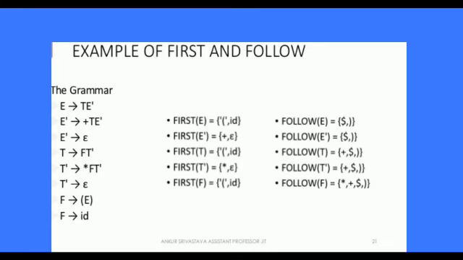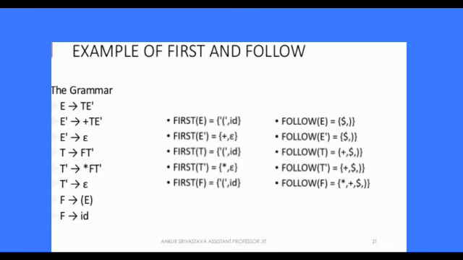So first of T dash has the strings star and epsilon, and the next is first of capital F. F has two strings here in the problem, that is F tends to capital E in parenthesis, and the next value is ID.